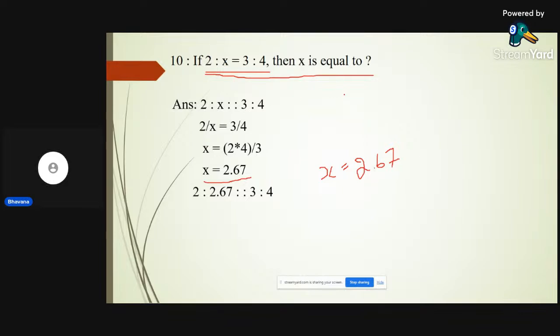So next, 4 is to x, that should equal 8 is to 6. So what is the answer for this?